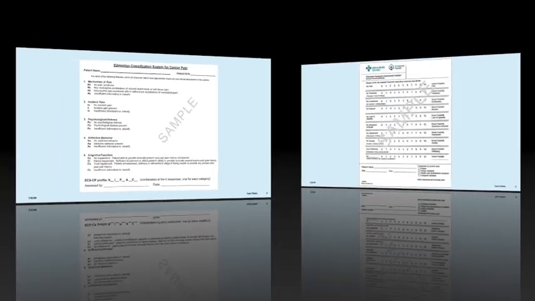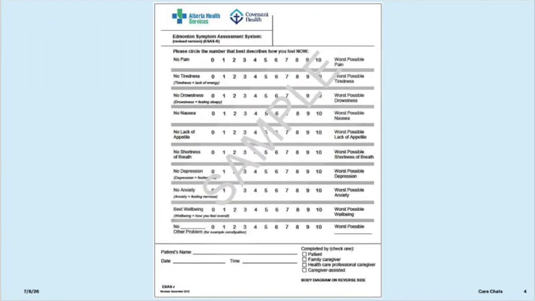Another tool that some people may or may not be familiar with is the ESAS, the Edmonton Symptom Assessment Scale. It's a palliative tool that tracks the severity of 10 common symptoms in a patient receiving palliative care, and it can be used to help evaluate if medications and therapies are working. The patient rates their symptoms on a scale of 0 to 10. 0 would be no symptom, and 10 being the worst possible on how they feel at the time of completing the tool.